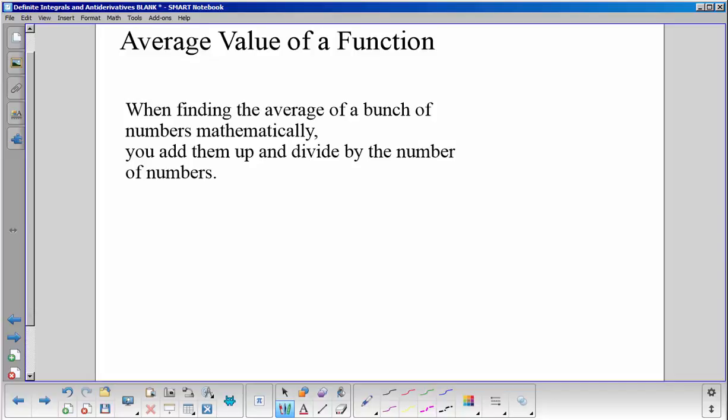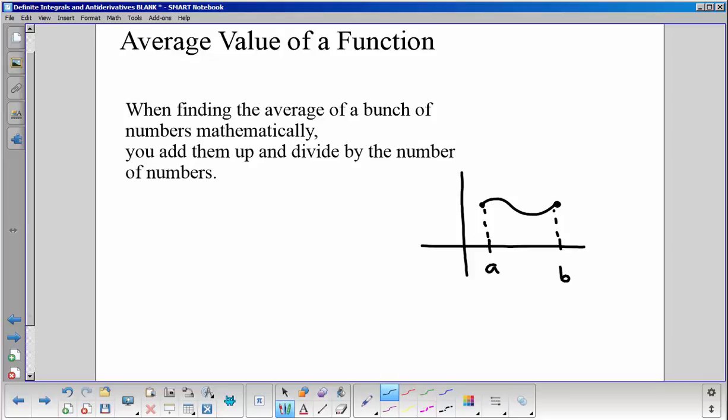What if we wanted to find the average value of a function? Well, what are values of a function? They are the y values, right? So over an interval from a to b, let's say I wanted to add up all of the y values. This function has a bunch of y values that I would like to be able to average.